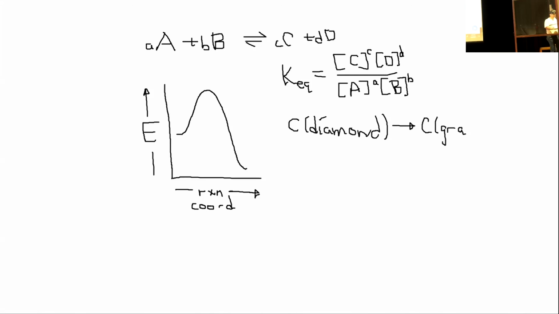This reaction is a thing, it's been studied. And as it turns out, this reaction is exergonic. So delta G is negative for this reaction, meaning that the products are more stable than the reactants.